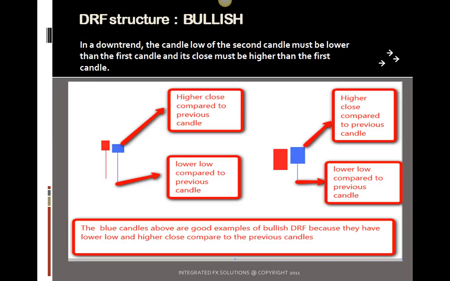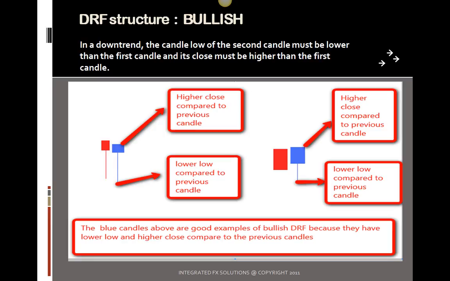The low of the second candle must be lower than the first candle, and its close must be higher. That is, it must have a lower low and a higher close. A bullish DRF structure must have a lower low and a higher close.